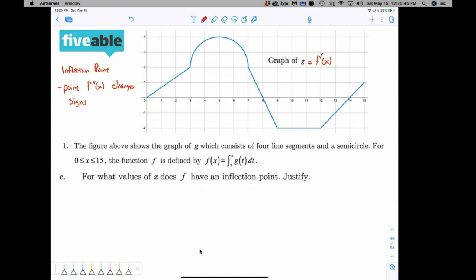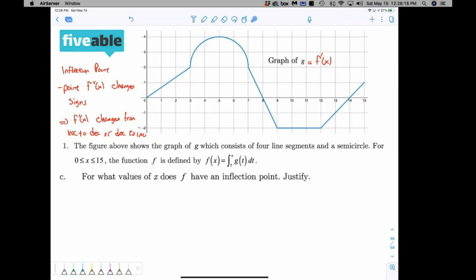Well, another way to say the second derivative changes signs is to say that f prime changes from increasing to decreasing, or vice versa, decreasing to increasing. So what we're looking for on this graph is a place where it's going to change direction, basically, where it's going to stop going up and start going down, or vice versa.